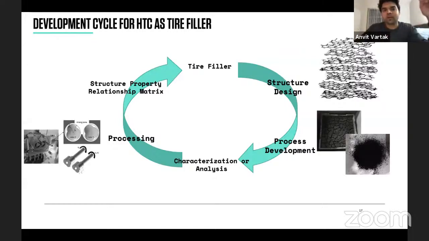you identify your market, which is a tire filler, carbon black. You design its structure, or at least understand what does carbon black structure look like. So what I've shown here is all these planes of the heterogeneous aromatics that I was talking about, forming a planar substance.